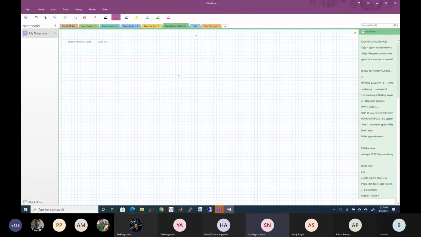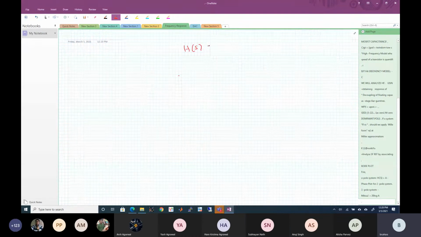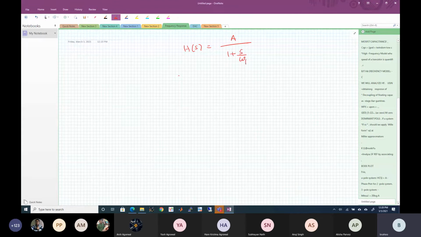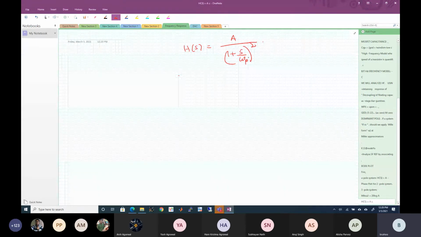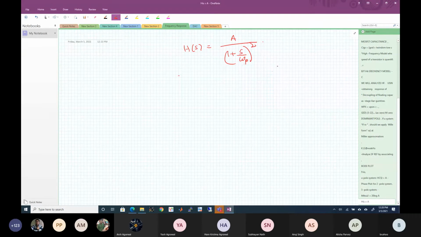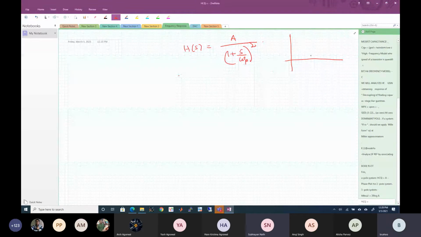So how do these two things match with each other? No, so okay. If I have H of s equal to A divided by 1 plus s by omega p, squared, right? What is the 3 dB cutoff frequency? It is not omega p, it will be something else. You solve it and find it.